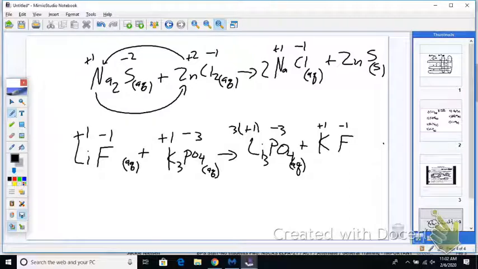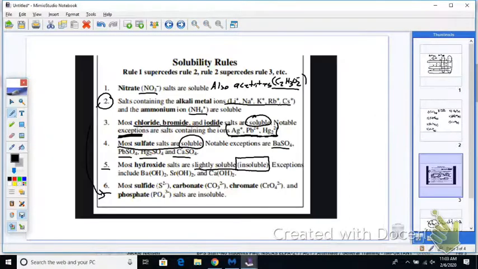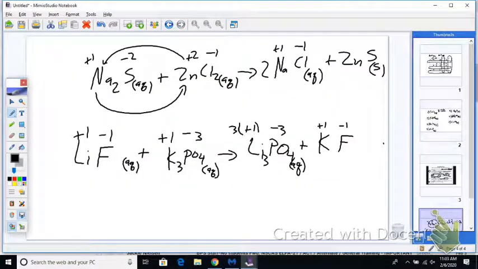Meaning anything with Li in it, positive, it's plus, it's aqueous. Then we look at KF, and we find K in rule number 2. So we find K in rule number 2, and so it has to be aqueous. And so there's no reaction.